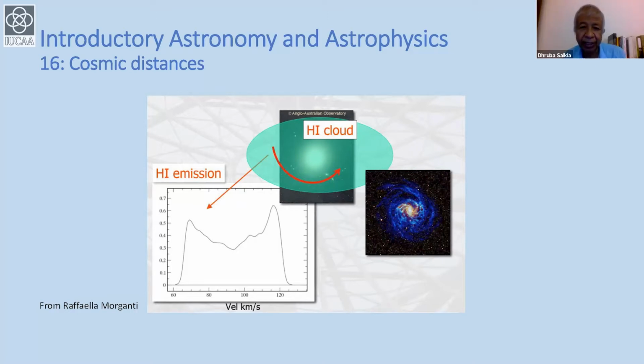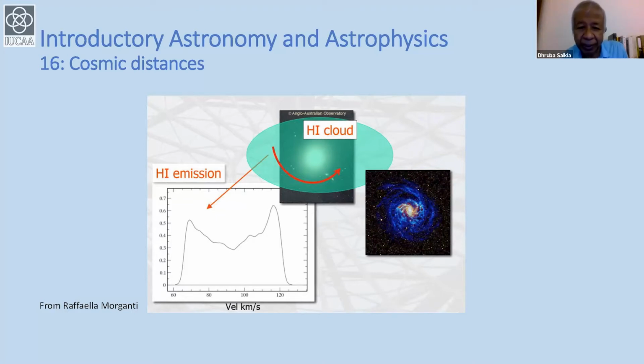One side of the galaxy would be coming towards you, the other side would be going away from you. And you can see how fast the galaxy is rotating by the difference in the velocities of the sides coming towards you and going away from you. And how rapidly it is rotating is related to the luminosity of the galaxy.